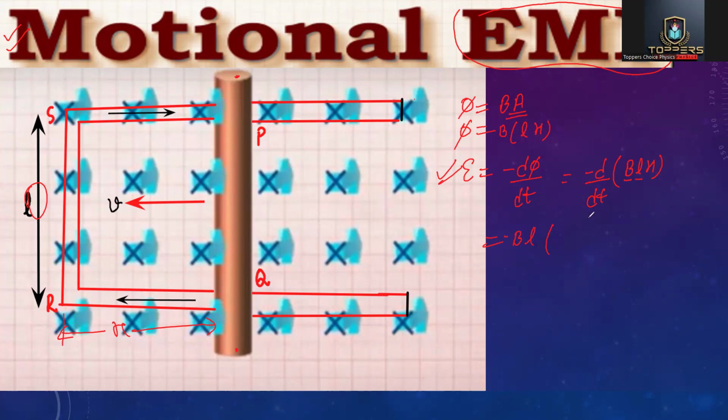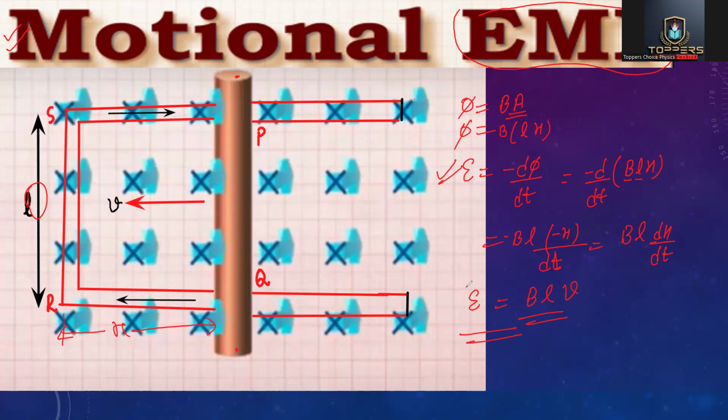But one thing: in this process, x is going to decrease, so we take x as minus. So it will be minus dx over dt. Minus and minus will be plus BL dx over dt. So it will be BLV.